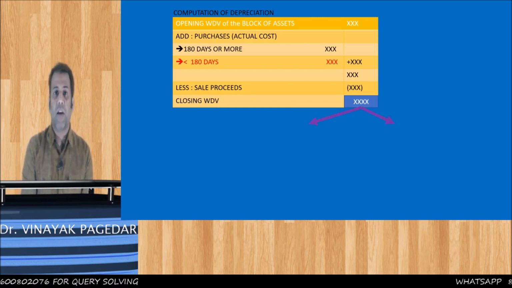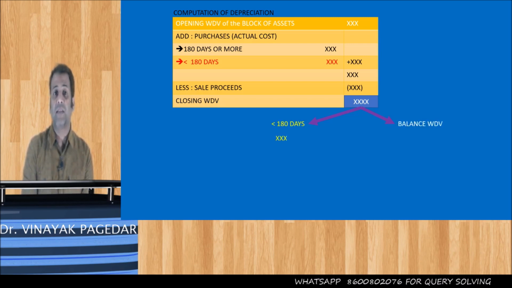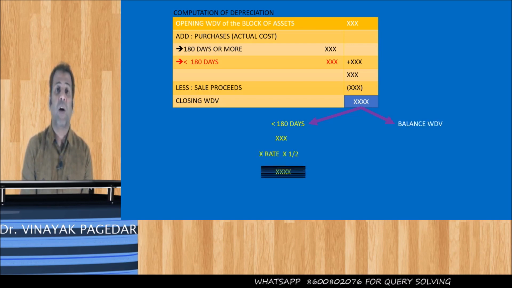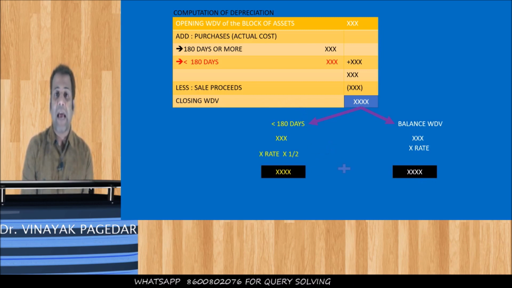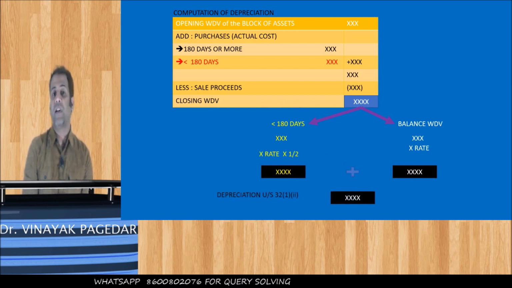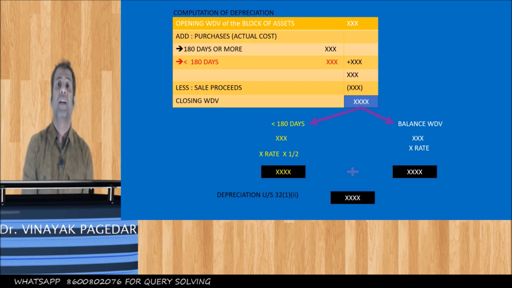Because it's a recovery of cost. We get the closing WDV. The closing WDV is bifurcated into two parts, less than 180 days and the balance. On the less than 180 days amount, you'll get only half the normal depreciation. On the balance WDV, you'll get the full depreciation. Add both, you'll get the depreciation under section 32(1)(2). Clear? Now let's proceed.